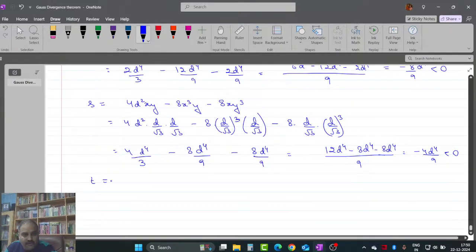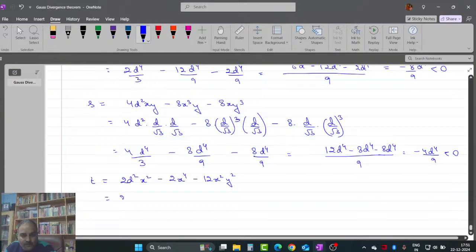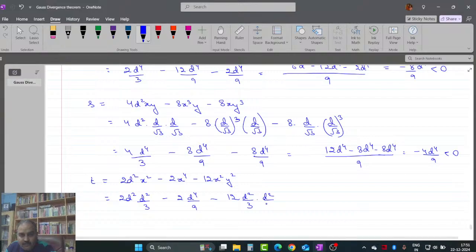Now the value of t. The value of t was 2d² x² minus 2x⁴ minus 12 times x²y². So 2d² x² was d² by 3, minus 2 times d⁴ by 9, minus 12 times d² by 3 into d² by 3.